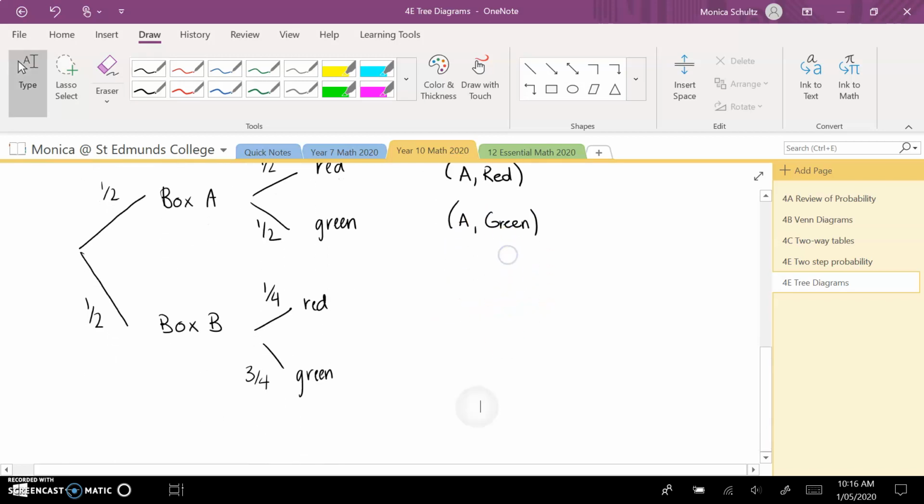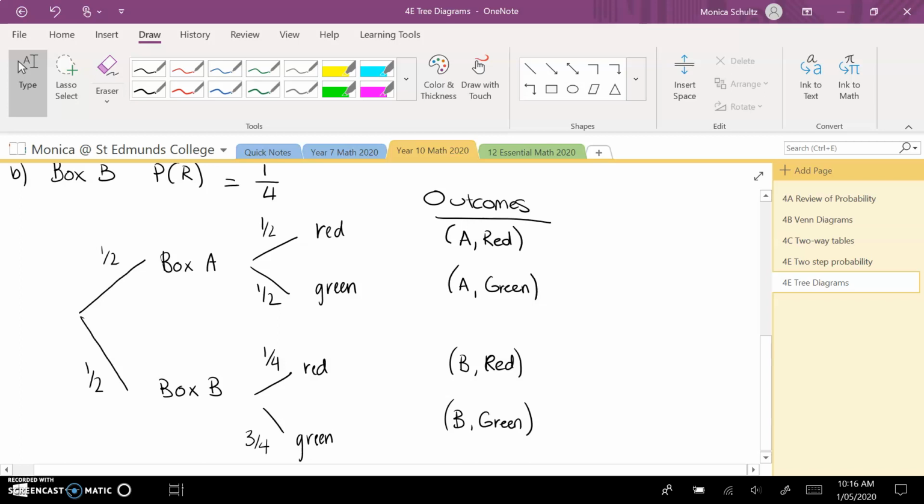So there were 4 total outcomes that I could have had: B red, B green. Okay, now I have all my outcomes. I want to know the probability of each outcome. The probability of my outcome is each probability from my stems timesed together.